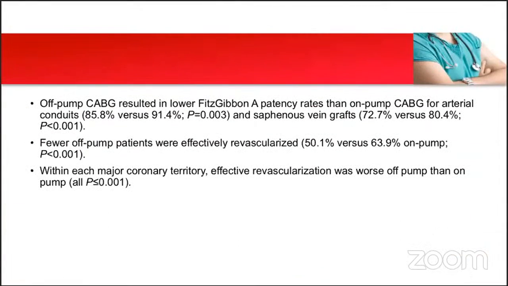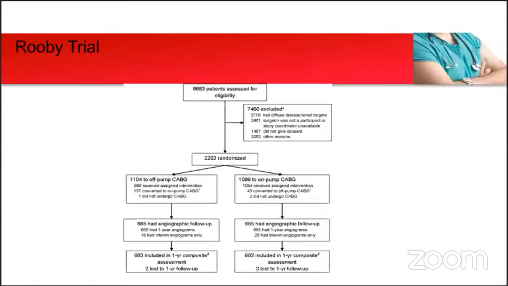So the patency, out of the nearly 1,000 patients in both arms, nearly 60% of them had angiographic follow-up at 1 year, 600 out of the original 1,100, and 685 out of the 1,099 patients.